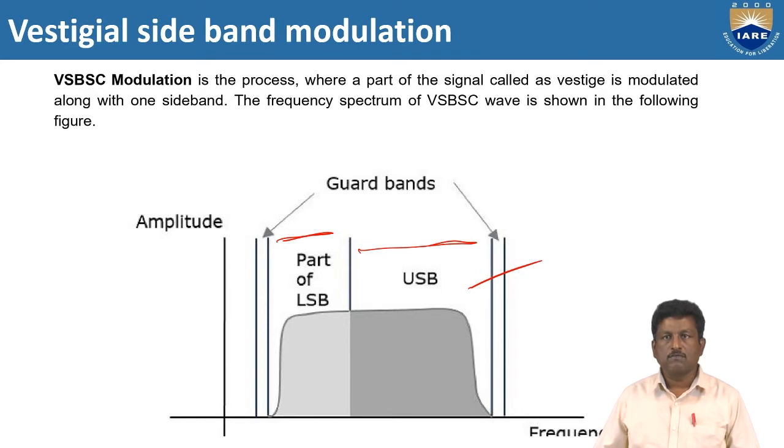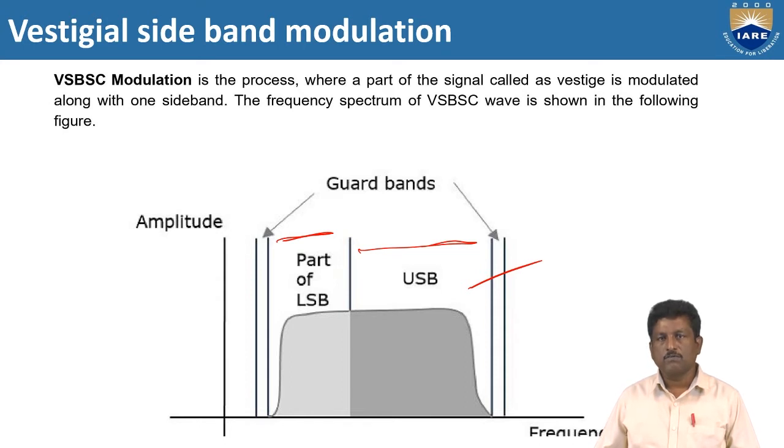Because while coming to the receiver side, we can retrieve the original signal. The generation or arrangement of the filter becomes very difficult in the case of SSB, single sideband transmission. Designing the filter to retrieve the original signal M of t becomes very difficult.